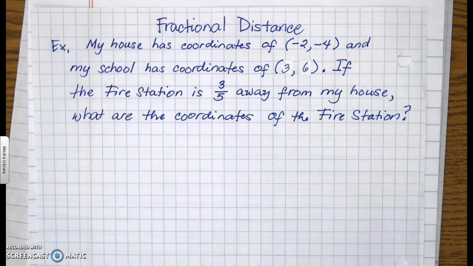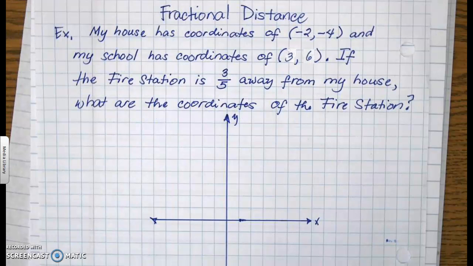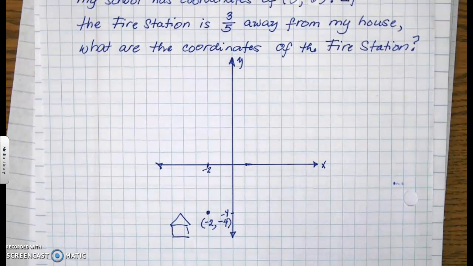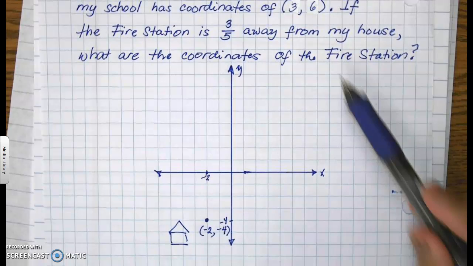So what I'd like to do first is plot these points in my grid. The first point is -2, -4, and that is supposedly my house. My next point is going to be my school, and my school has coordinates of 3, 6.